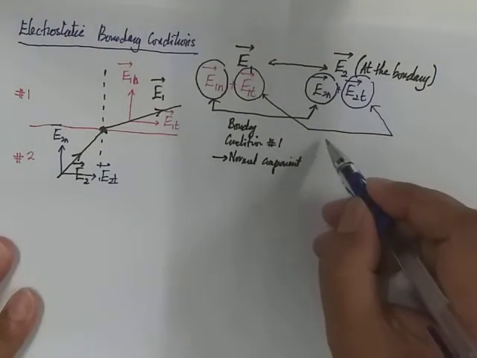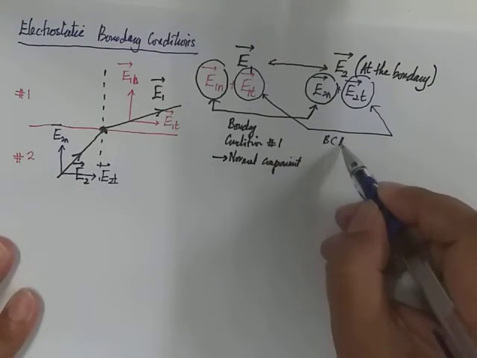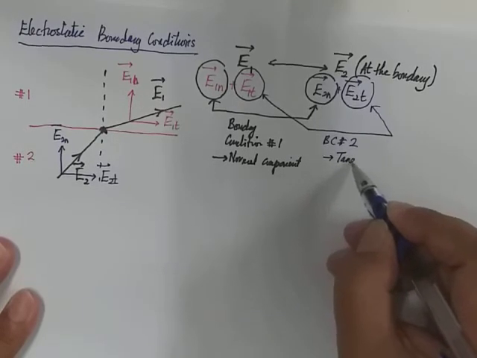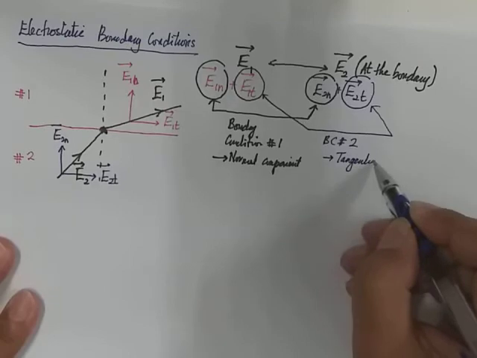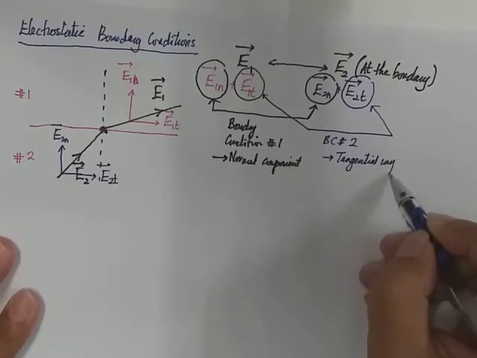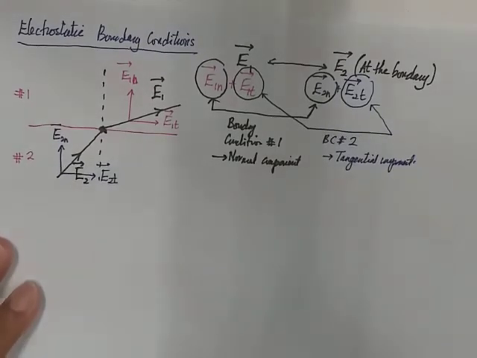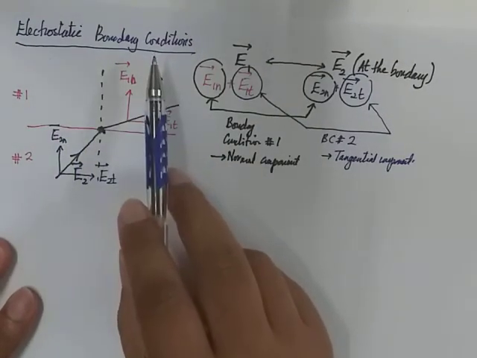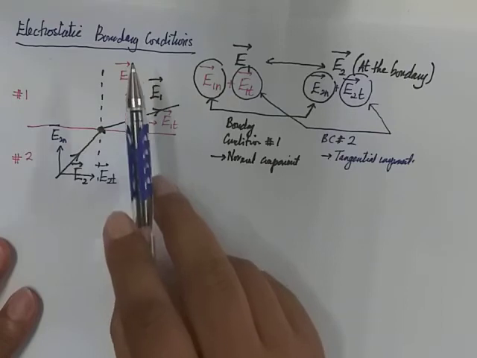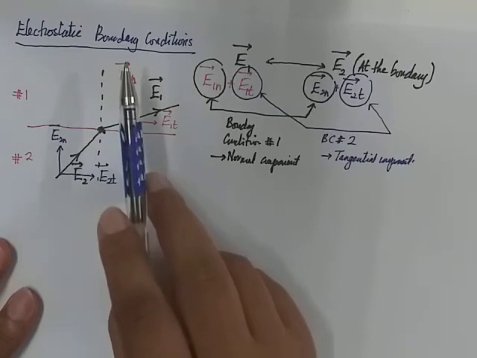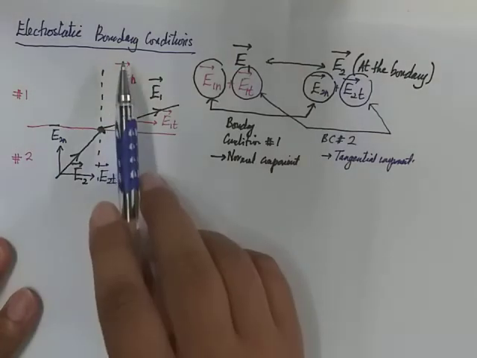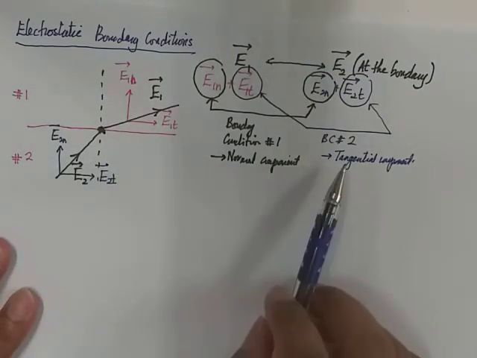We call it boundary condition equation number 2, and this focuses on the tangential component. So when we talk about the electrostatic boundary condition, it is going to be in terms of two different equations. One will be based on the normal component, another based on the tangential component.